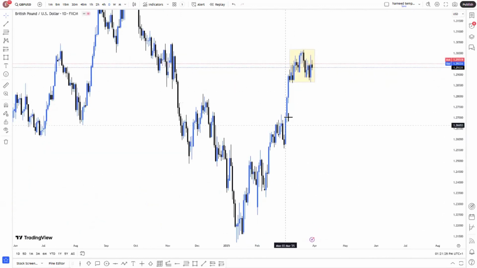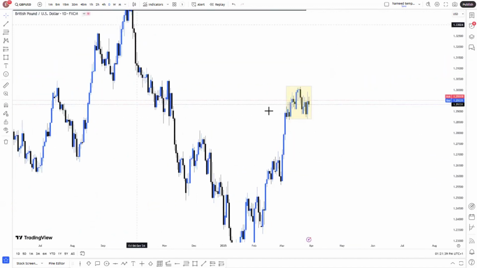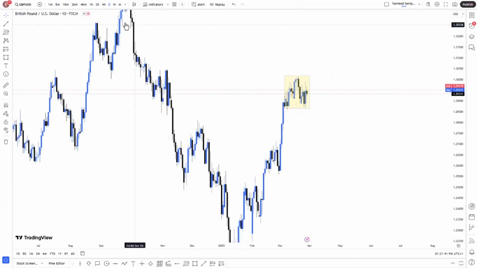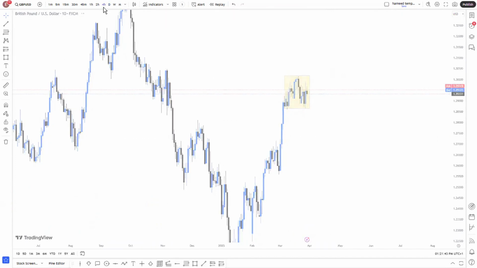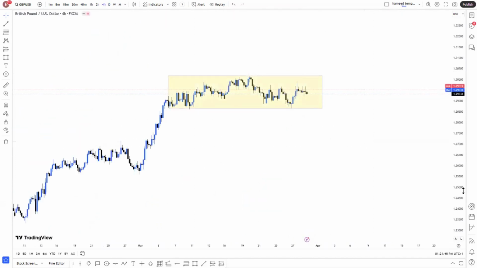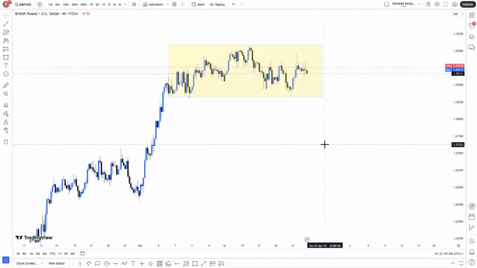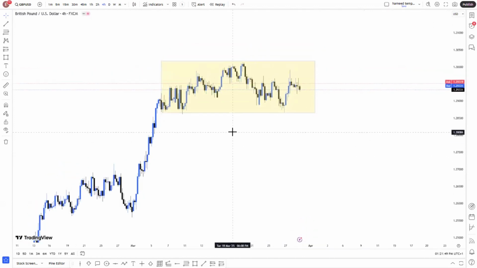I'm seeing all these gaps, FVGs, and imbalances here. So the market might want to come down to fill it up, or decide to go and come back to it later. Whatever it does, you have to be very patient. But right now on GBPUSD, I'm not having a setup yet. I'll be looking at it closely during the week to see whatever the market is ready to give me.